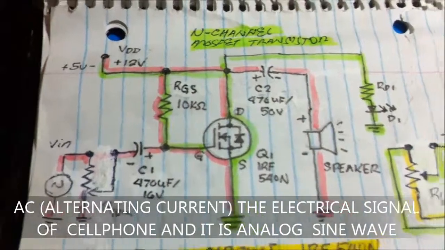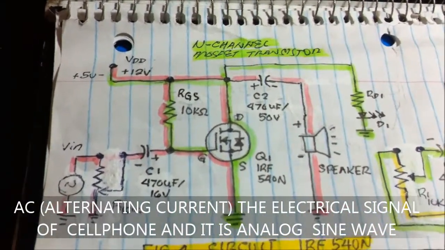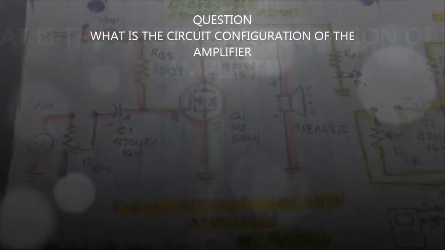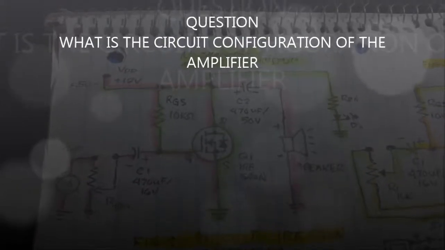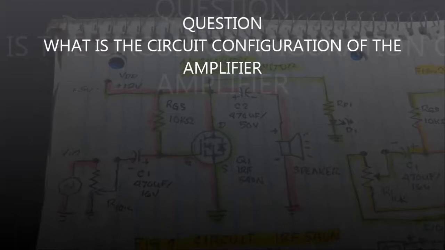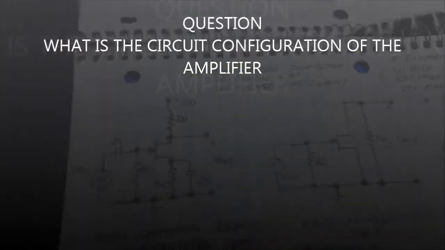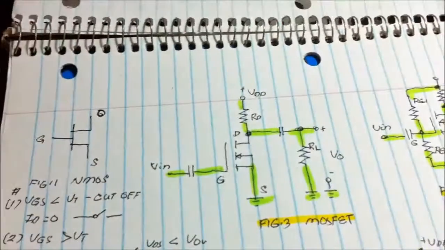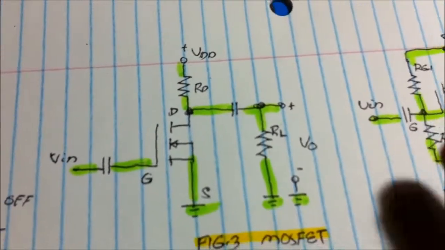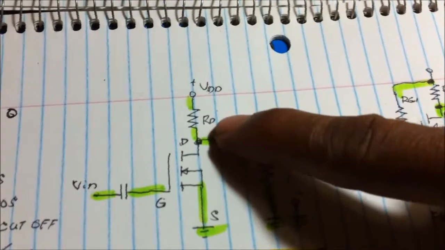So what do you think is the circuit configuration I use in this project? Is it common source, common drain, or common gate? Let us see. Here is one circuit configuration. Only one drain resistor.